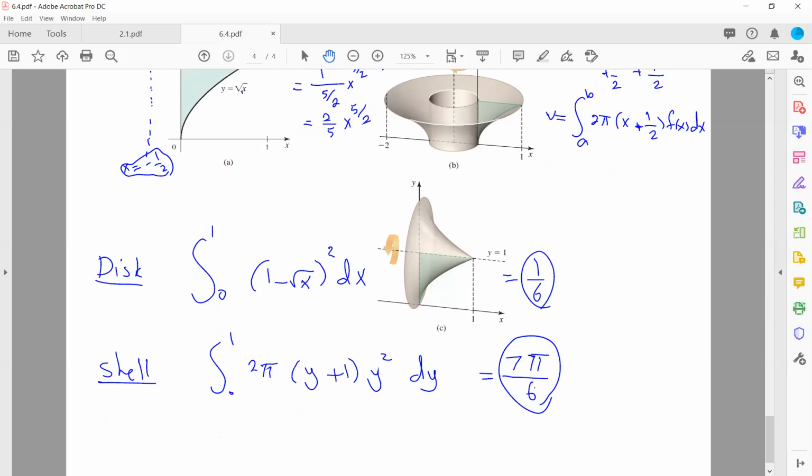So as you can see, these two are different. So my question is, which method?